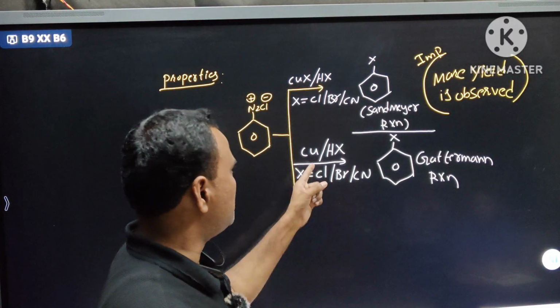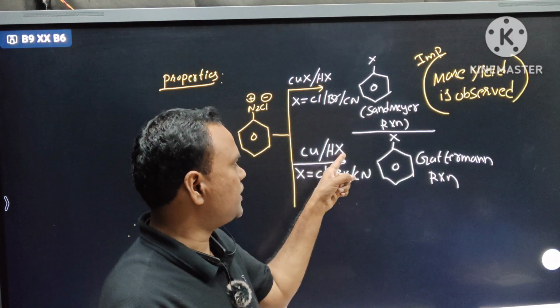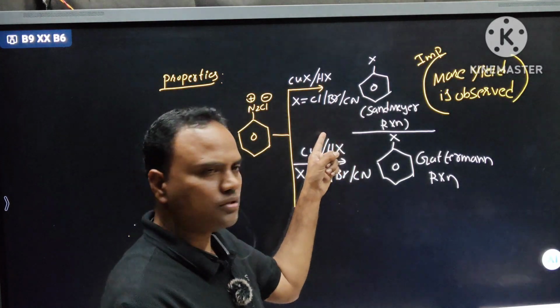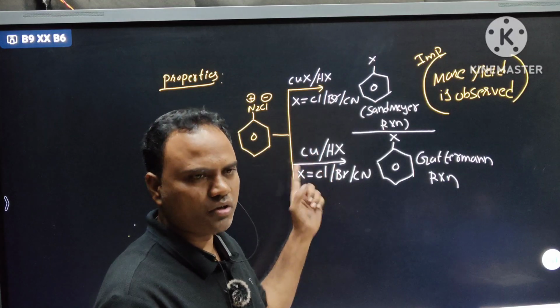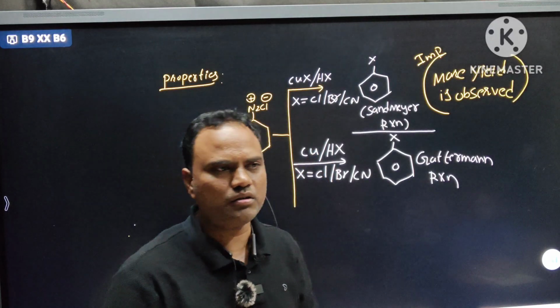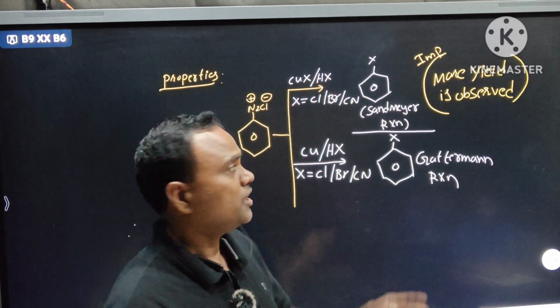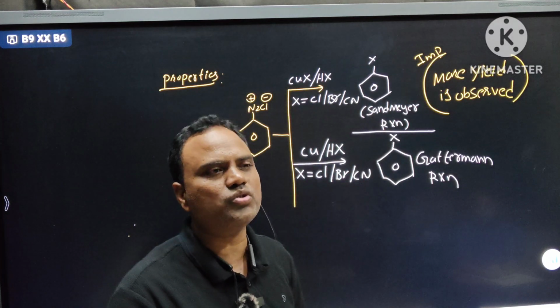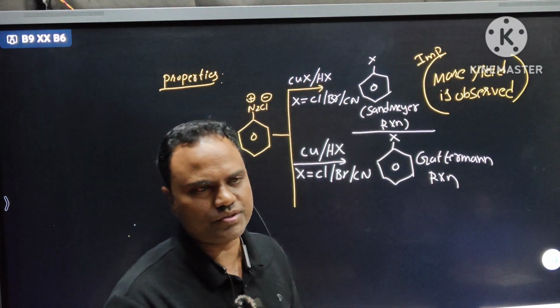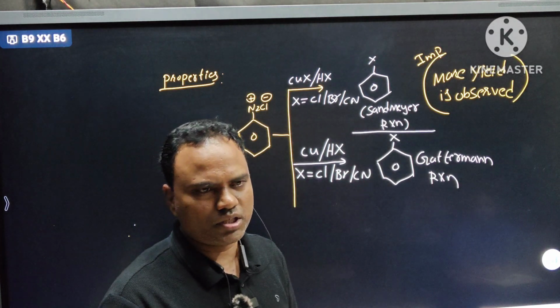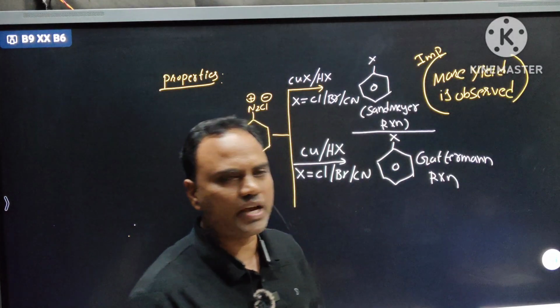Clear? But here, first X will come from HCl and it should react with the copper. So that is the lengthy process. Here copper is directly attached to halogen, so liberation is easy. That's why yield is more in Sandmeyer reaction.